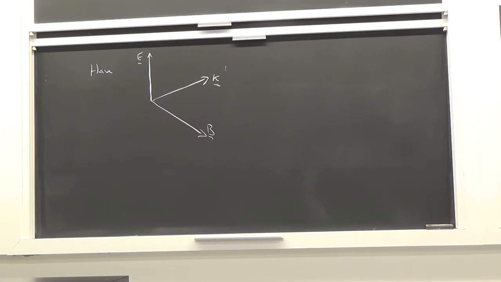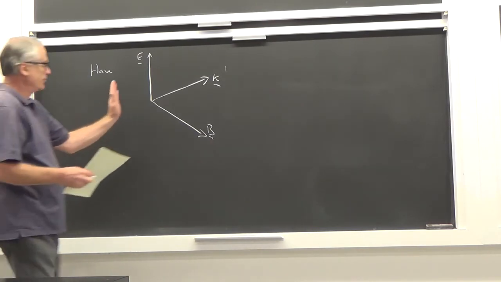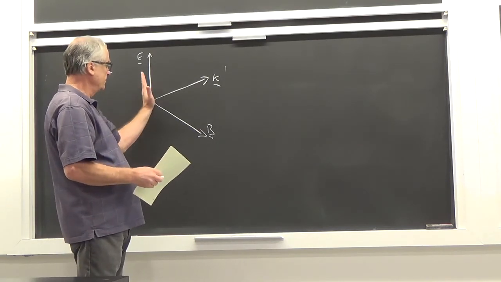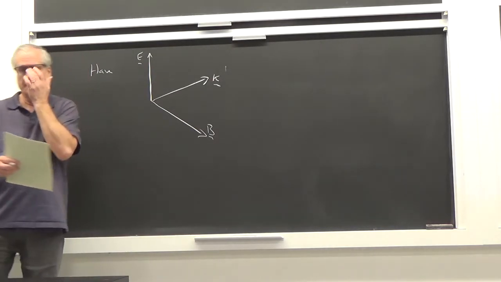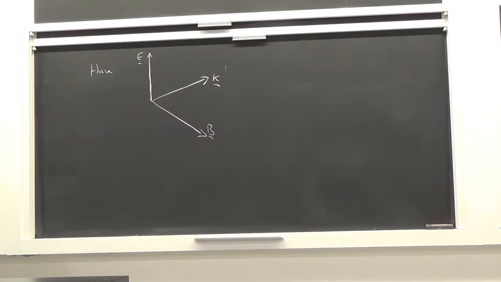So they form a mutually orthogonal set of three vectors. And the wavefront that contains the electric and B fields is just propagating along the k direction. There's more discussion of this in the note on electromagnetism, a little more detail there if you want to refresh yourself on any of this.